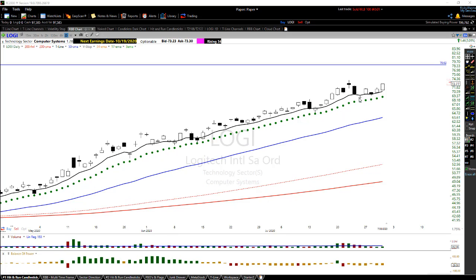LOGI is one of them. We've got a doji right in here making a beautiful morning star chart pattern. And yesterday we closed over 72.10 here, which happens to be the first candle of that morning star.